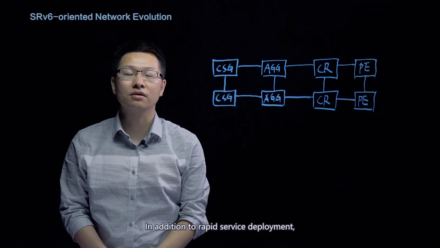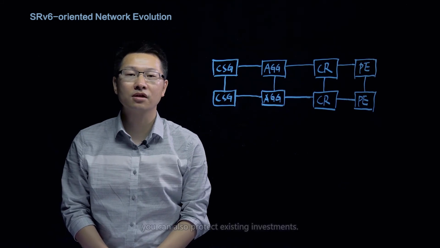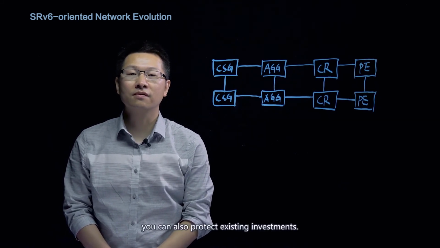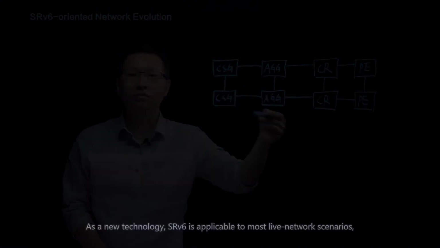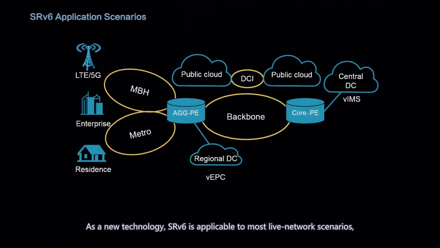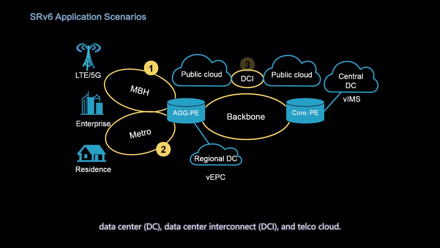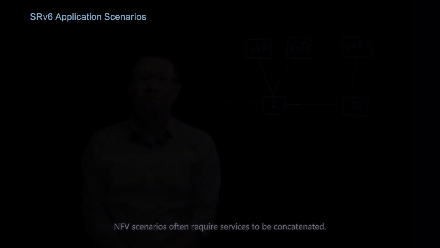In addition to rapid service deployment, you can also protect existing investments. As a new technology, SRv6 is applicable to most live network scenarios, such as 4G, 5G, mobile backhaul, or MBH, metro access, data center, or DC, data center interconnect, or DCI, and telco cloud.